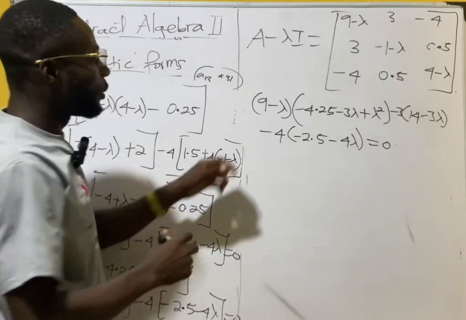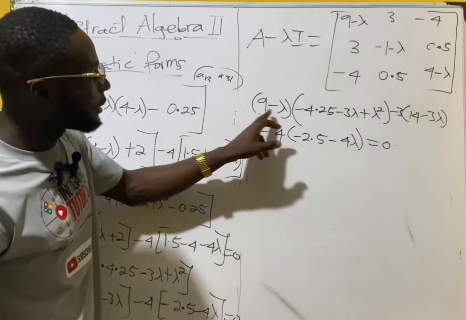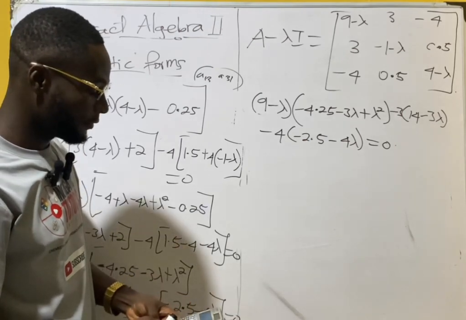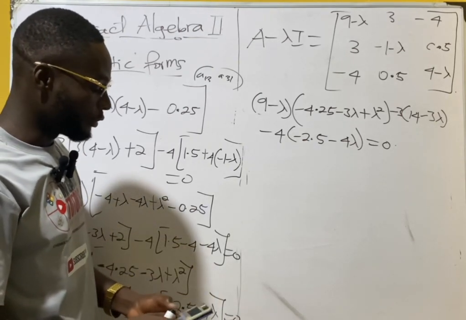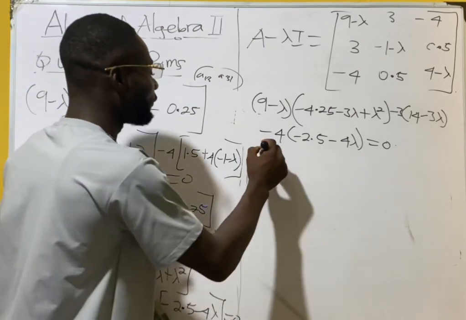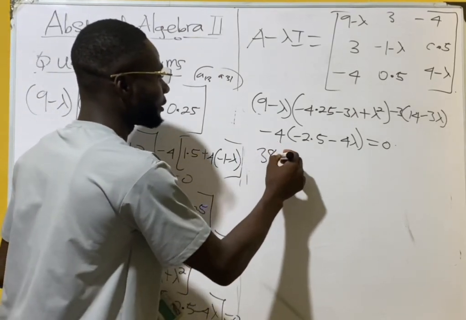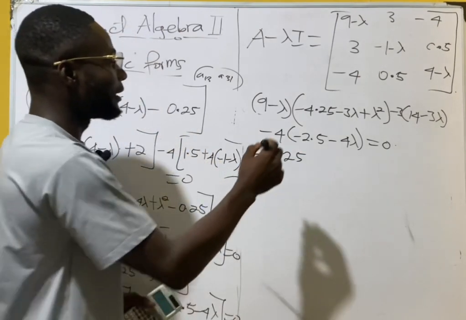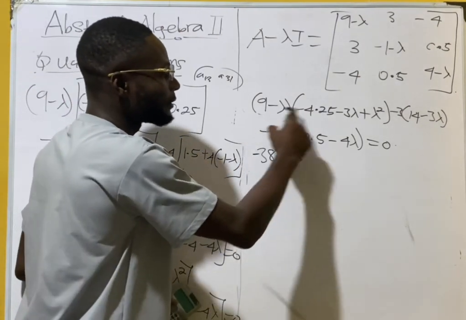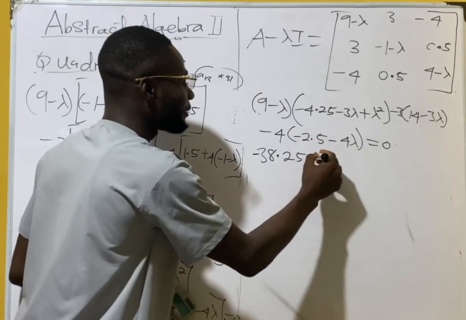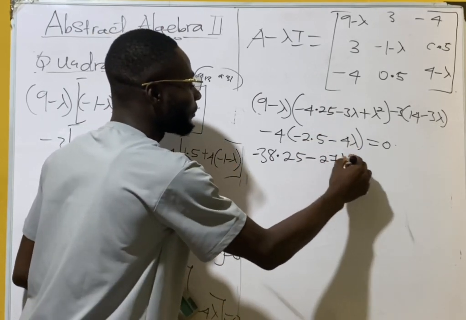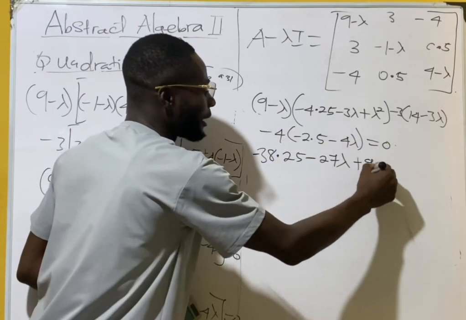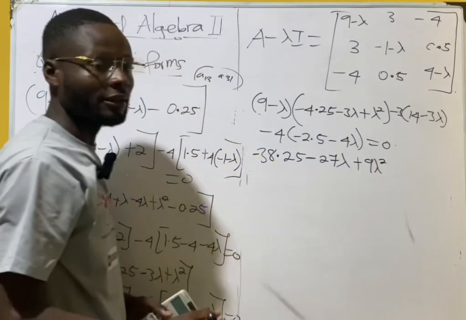So 9 times negative 4.25, that will be 38.25. So we have minus 38.25, right? Then 9 times minus 3 is minus 27 lambda. 9 times lambda squared is plus 9 lambda squared, right?